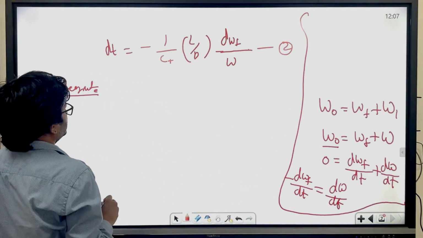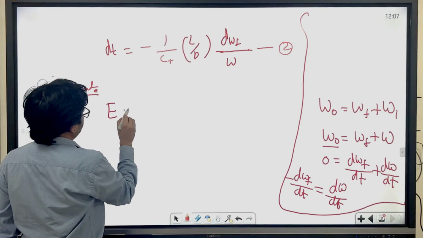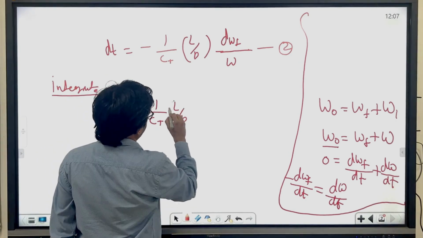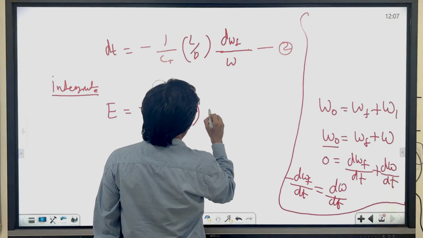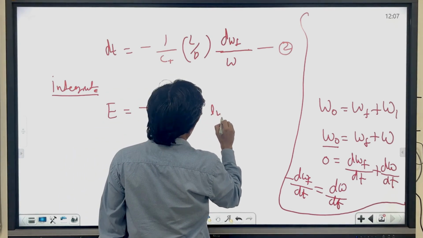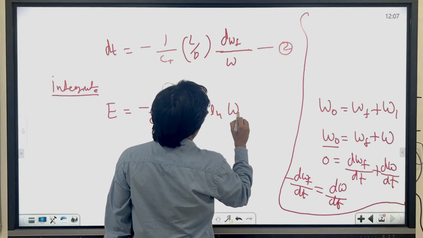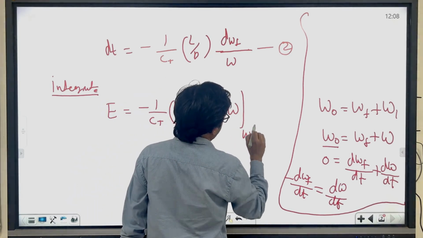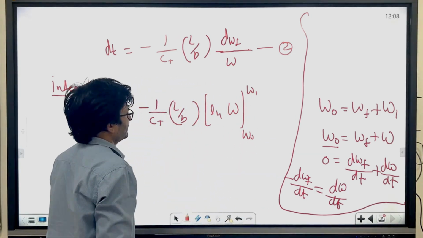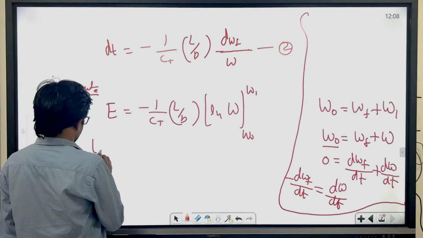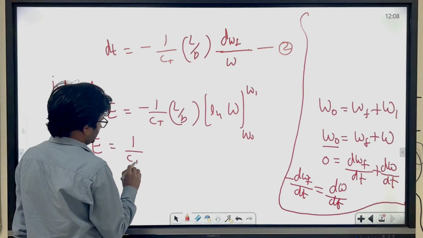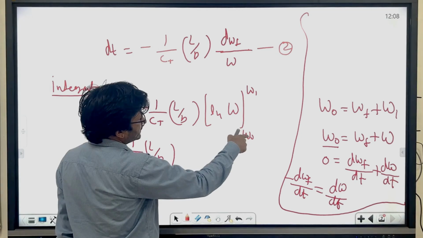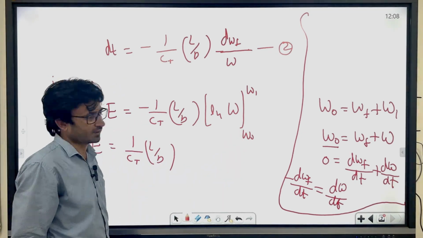So E will be minus 1 upon Ct, L by D, and this will be ln W, and your starting weight is W naught and final weight is W1, right? So E equals 1 upon Ct, L by D, log W1 minus log W naught if you open this.